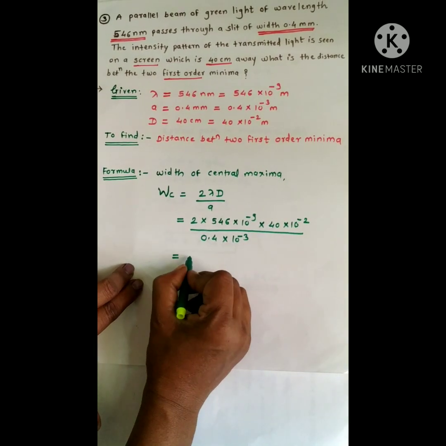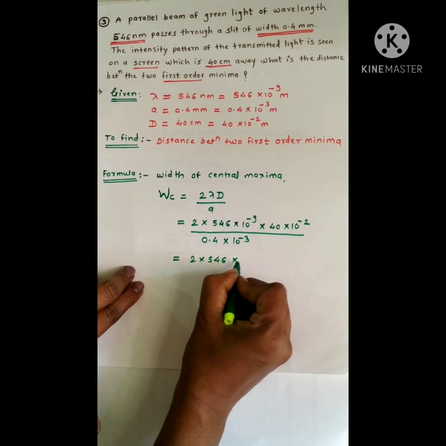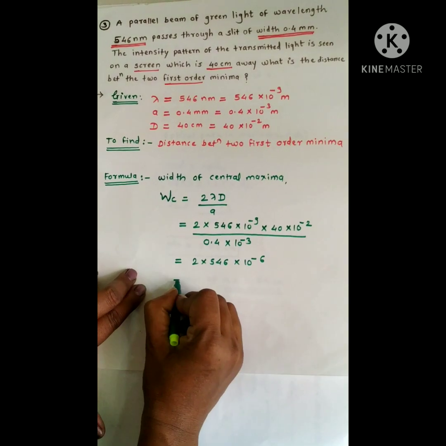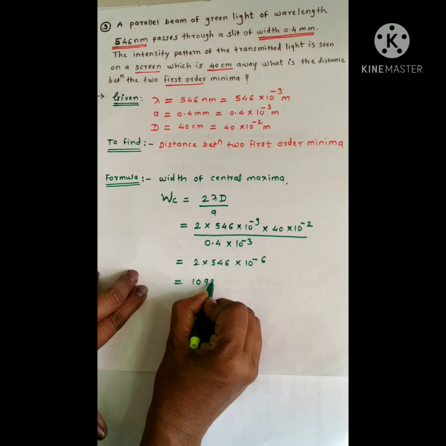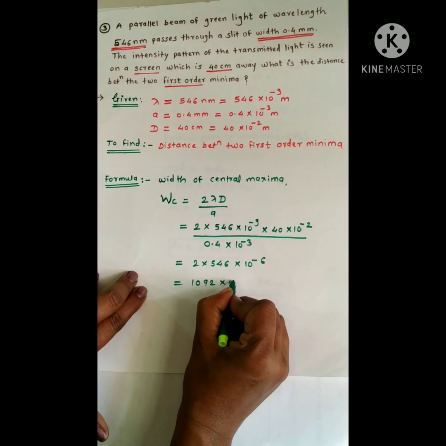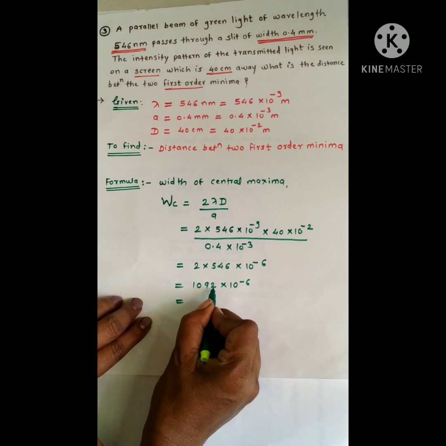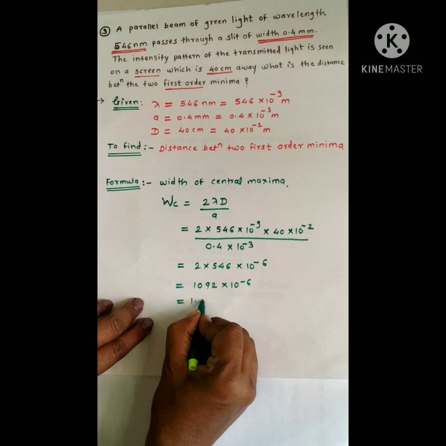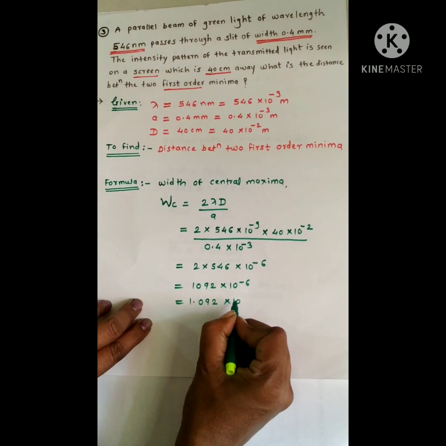We will write like this: 2 into 546 into 10 raised to minus 6 is equal to 1092 into 10 raised to minus 6. If we shift the decimal point 3 places, we get 1.092 into 10 raised to how much?